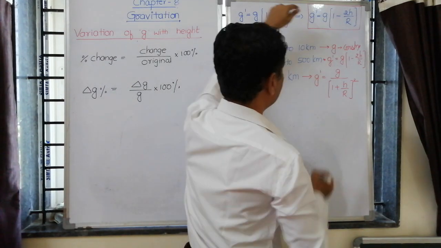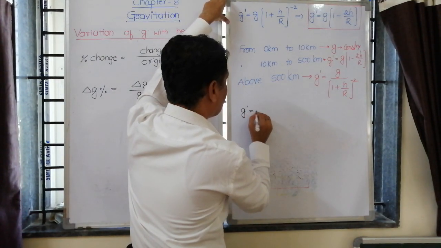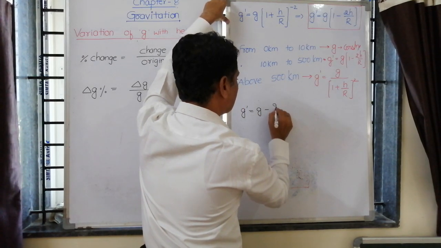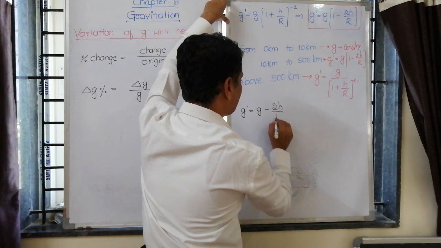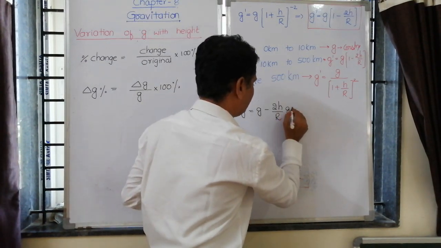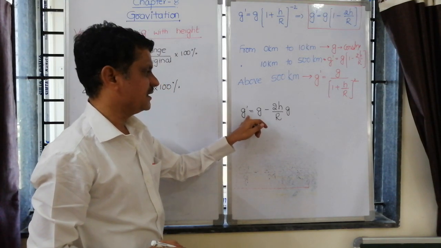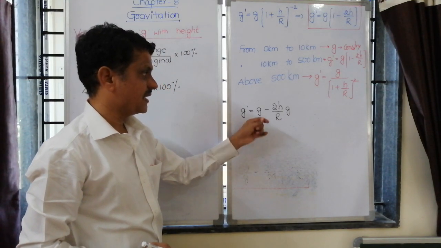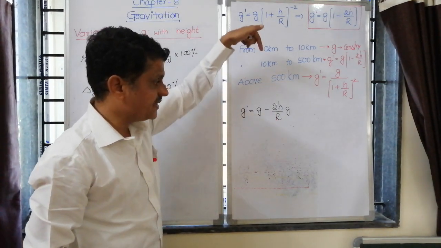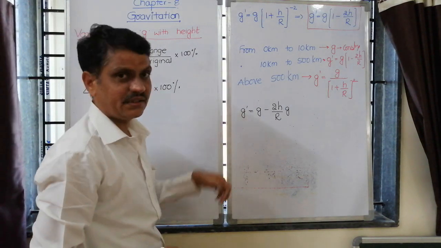I can modify this: G dash is equal to G into 1 minus 2H by R, that is G minus 2H by R into G. Actually, I have to take final minus initial, then it will be negative. Negative indicates decreases. That is, as H increases, G decreases.